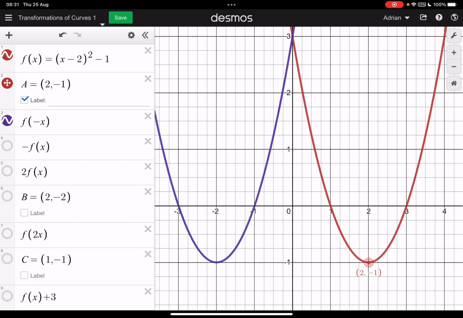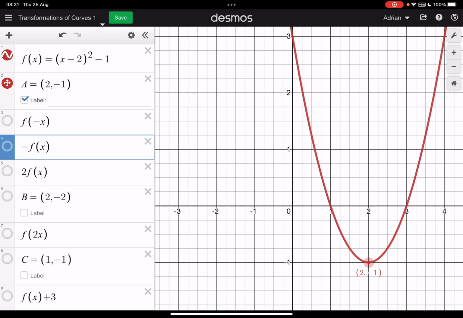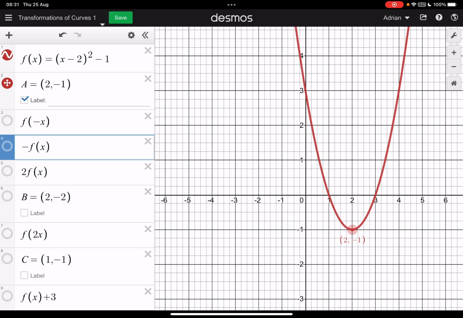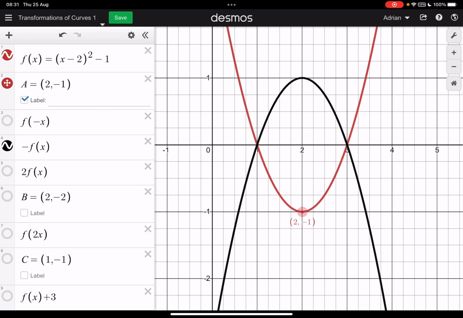So let's just take that one away and let's do a negative of the whole function. And when we do a negative of the whole function, hopefully if we turn this one on, yep, we get this black graph here. And what we can see here is that we've reflected it in the line y equals 0, the x-axis.